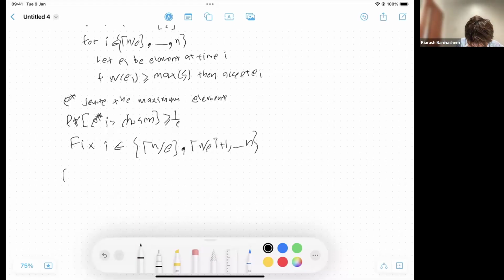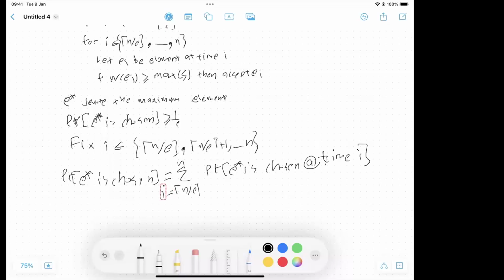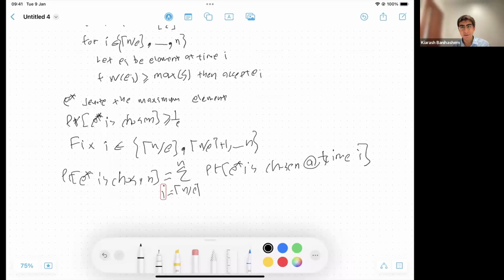So the probability E star is chosen equals the sum over i from n over e to n of the probability E star is chosen at time i, because before that it is 0. All of these events are disjoint, so I can just sum the probabilities to get the right hand side.